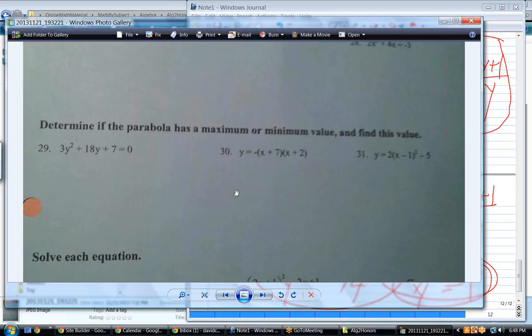Do you know how to find the minimum or maximum value of a parabola? I kind of. About 31. 31 is in vertex form.